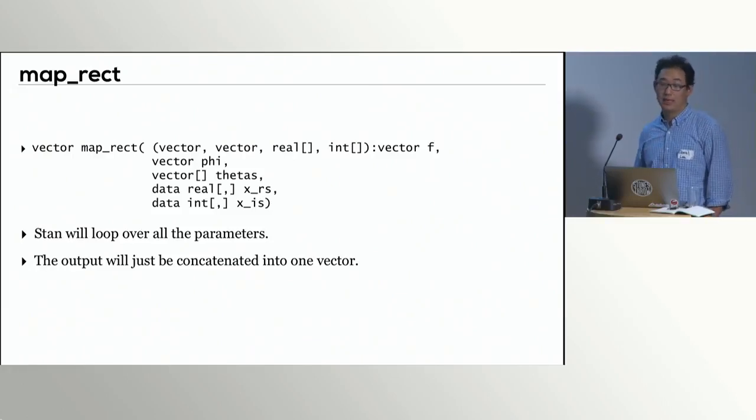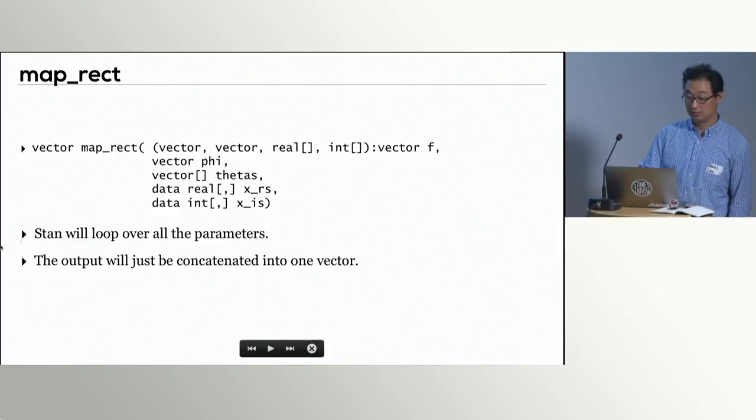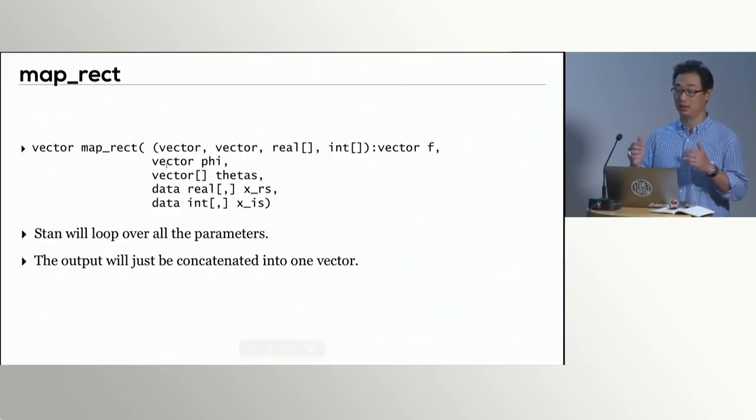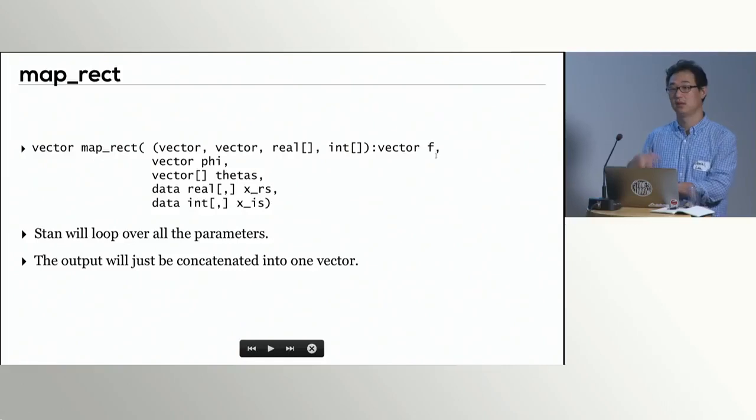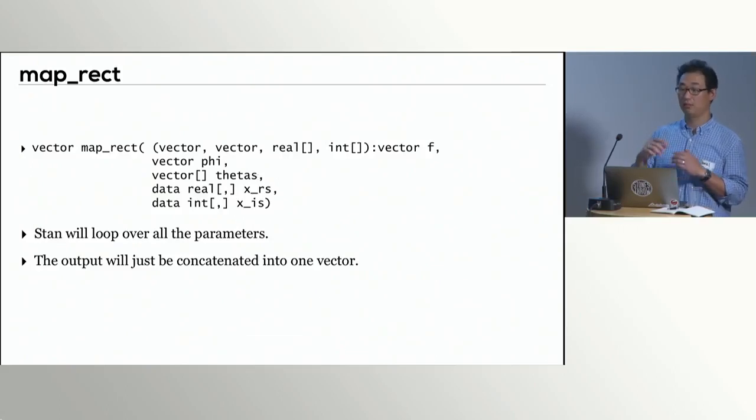And what we do is we pass this into this function called map_rect, and that function is passed in as the first argument, the name of the function. There's this vector phi, which is the shared parameters. So that's just one vector that gets passed to the function every time. Vector thetas has, in our case, an array of N vectors.